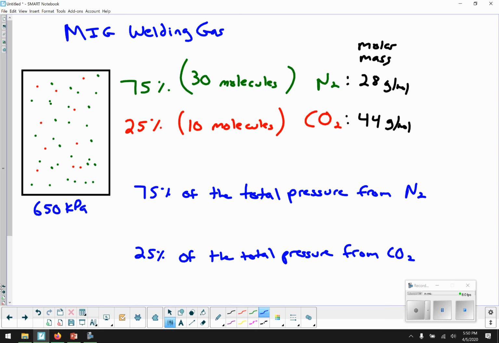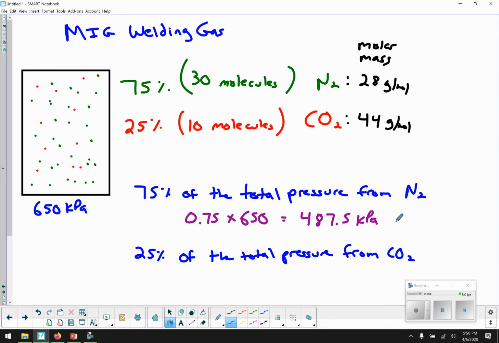So 650 kilopascals, which is about 6 atmospheres, 6 times standard atmosphere. So let's say that's at 650 kilopascals. We can tell exactly how much of that pressure comes from each gas if we know the mixture. We know that it's 75% N2, so 75% of the total pressure comes from N2. And in this case, we just do 0.75 times the total, 650, equals 487.5 kPa.